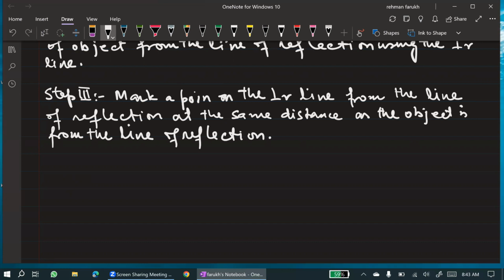These are the three steps you will have to follow to draw the image diagram.